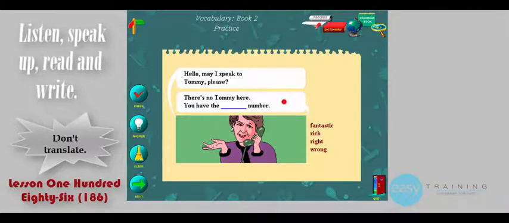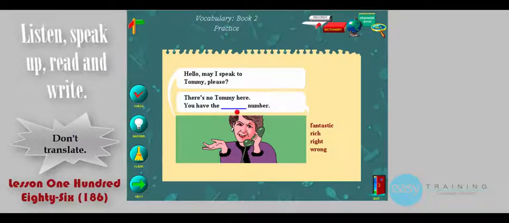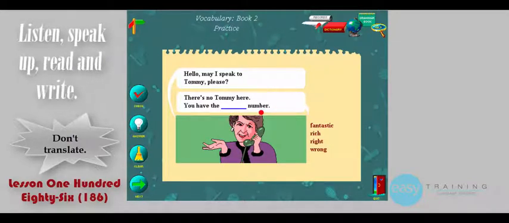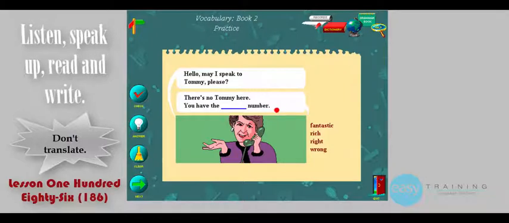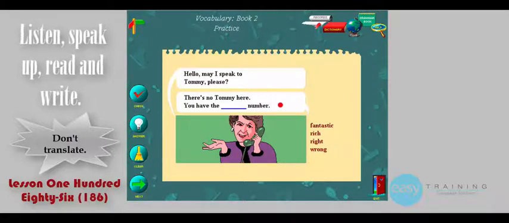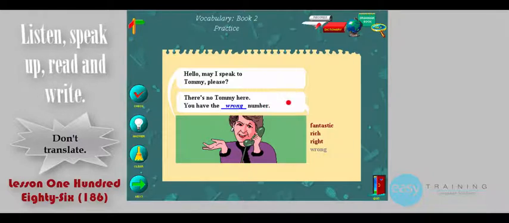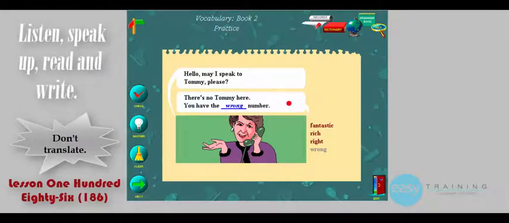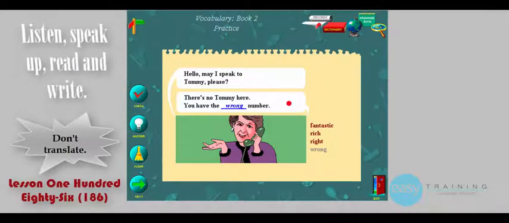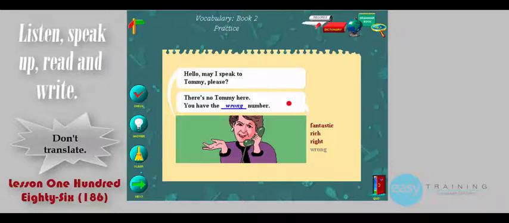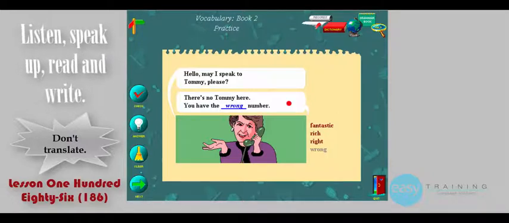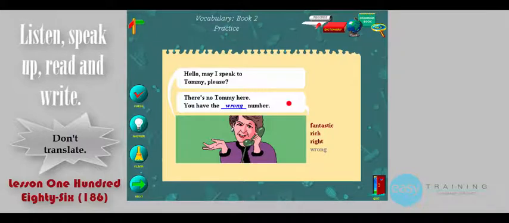You have the blank number." This person called the wrong number. There is no Tommy on the other side because she called the wrong number.